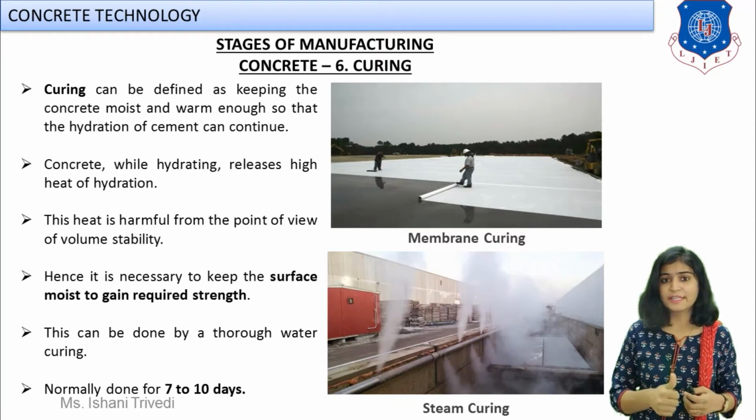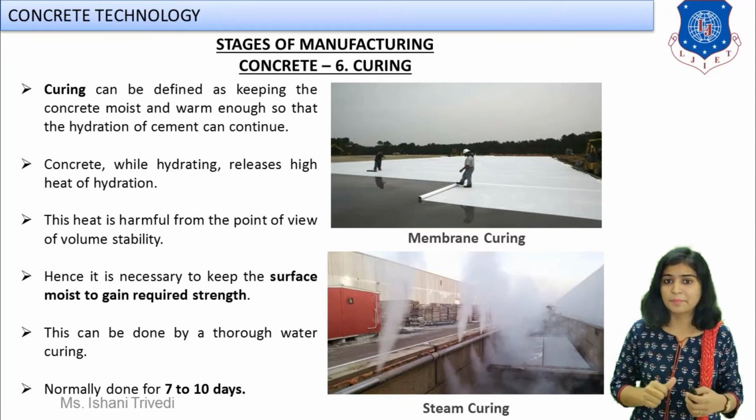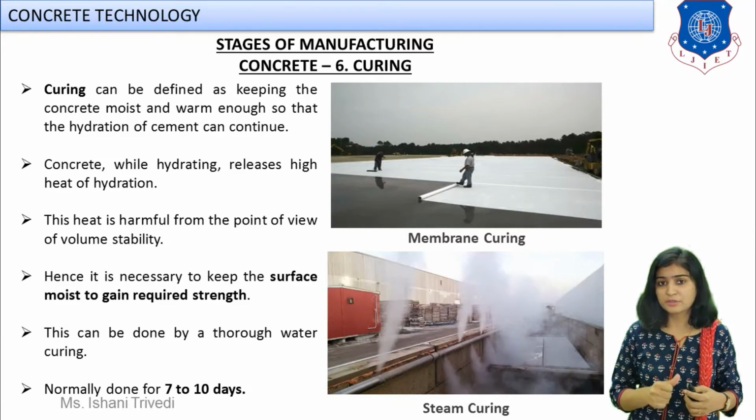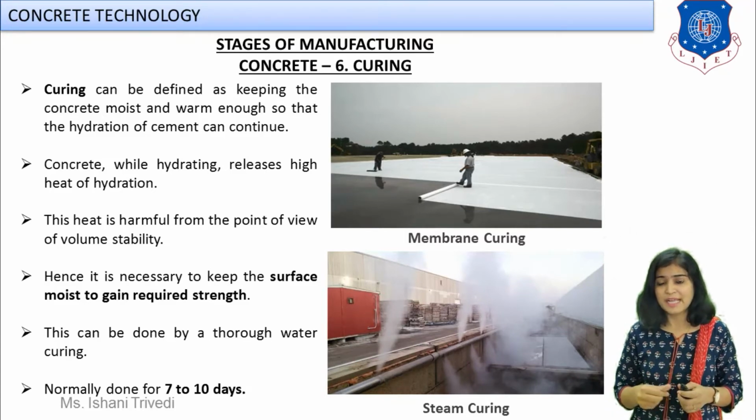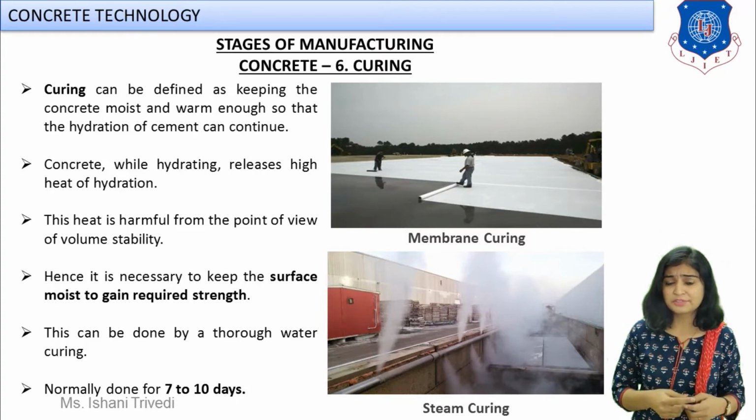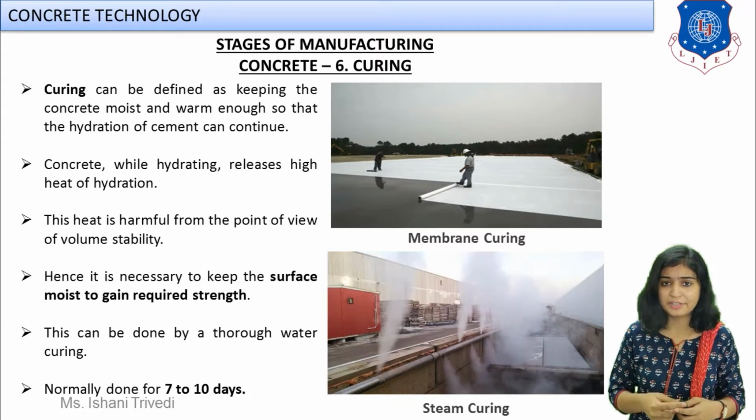First of all, as I told you, when cement and water combine, they undergo a chemical reaction and release heat energy, because lime is the basic constituent of the cement. This heat energy which is released is known as heat of hydration.